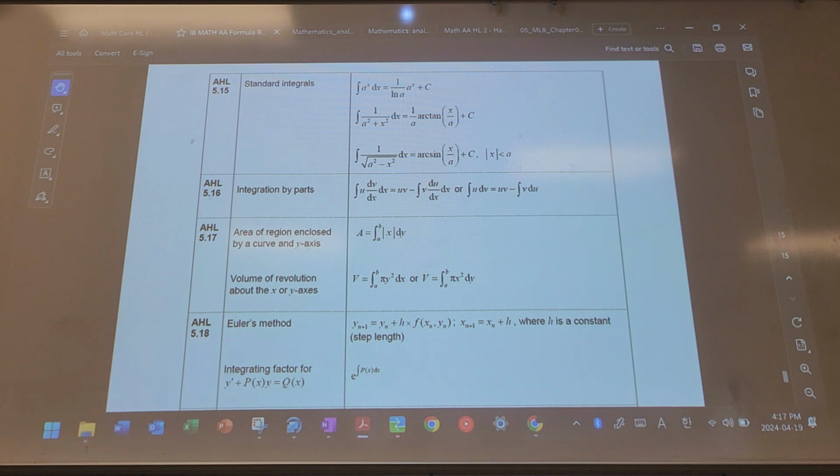Isn't it when it's below the x-axis? That's what I was thinking, but it says a curve and the y-axis though. I'm confused. That's the x-axis. Oh, it's differentiated with respect to y. That's why. Oh, yeah, okay, that makes sense. So we did take the inverse. Okay, self-explain.